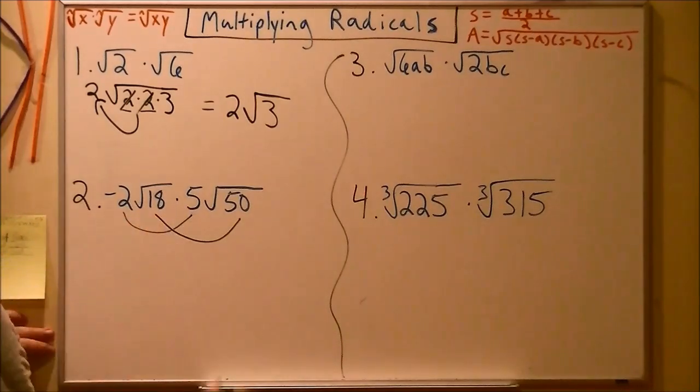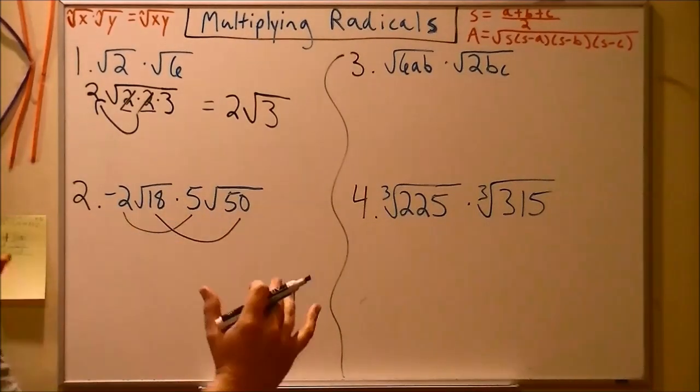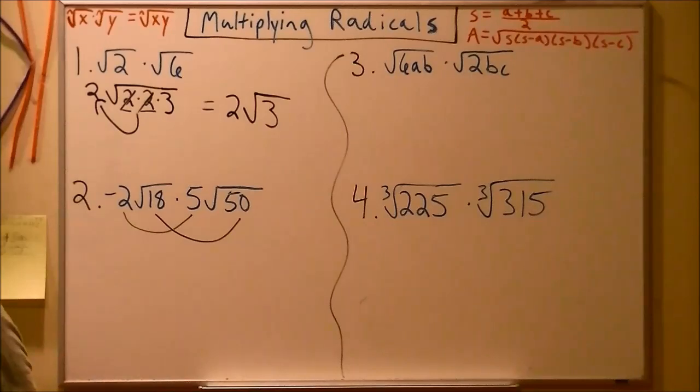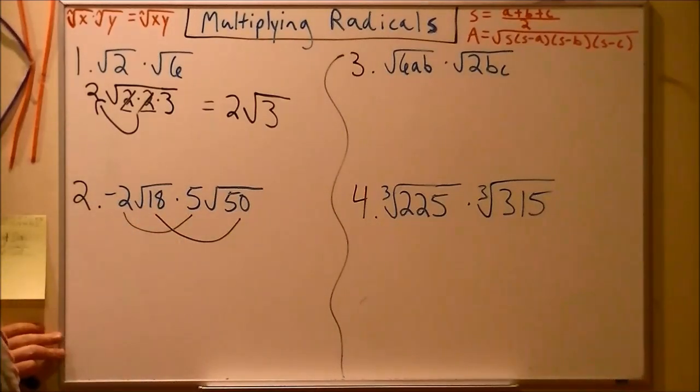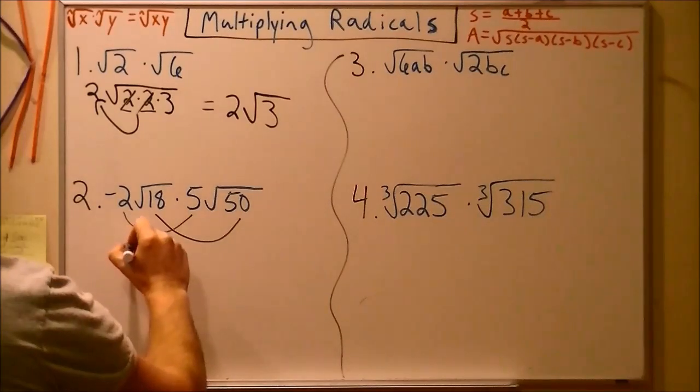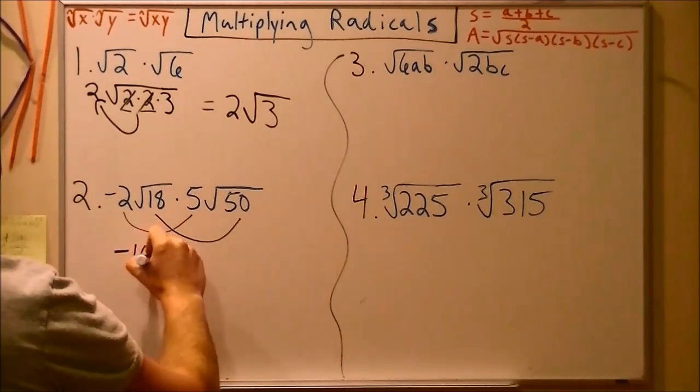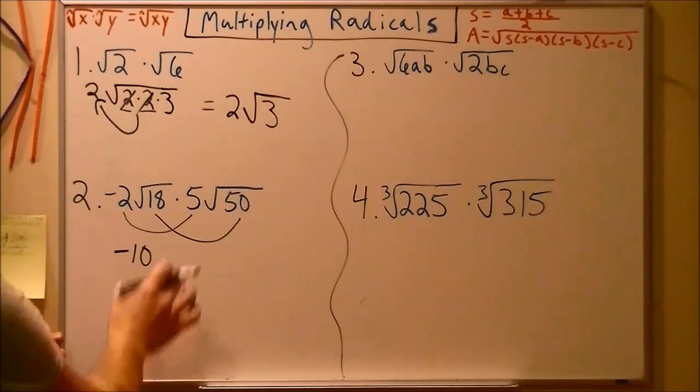But if they're on the outside, keep them on the outside. If they're on the inside for now, keep them on the inside. So, here's what we're going to do. Negative 2 times 5 is what? Negative 10. And so I'm going to keep that on the outside. But I've combined the two.